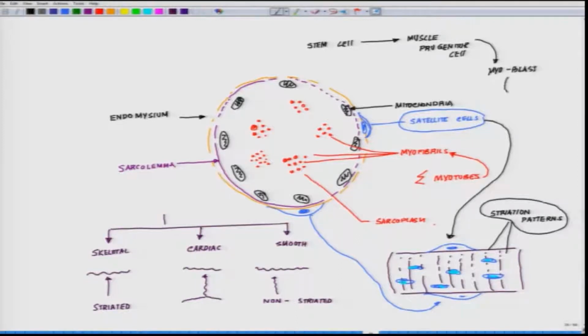I told you this myoblast eventually leads to the formation of myocytes, and these myocytes of course form the myotubes and so on and so forth.